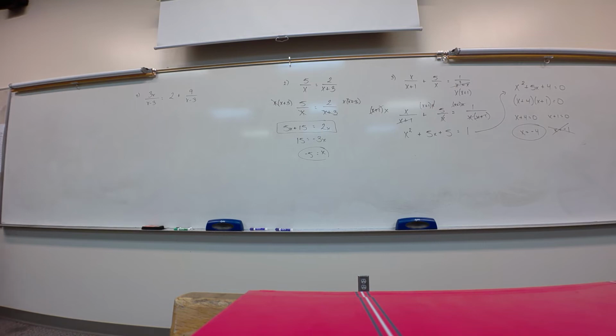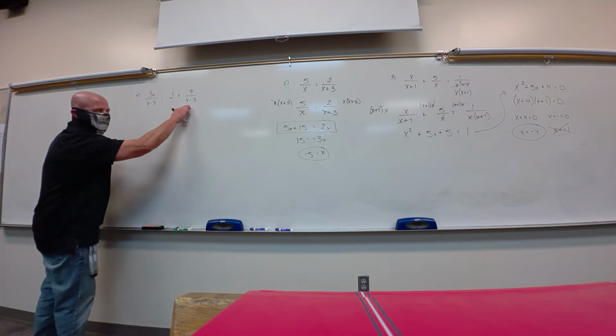That should look familiar from a few classes ago. You can't divide by 0, so x can't be 3. I have no idea what I'm going to end up with. If I end up with a 5, 5 is the answer. If I end up with a -2, -2 is the answer. If I end up with a 3, I've got a problem. All I know right now is x can't be 3.